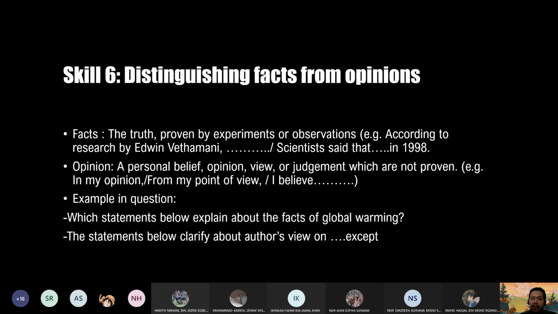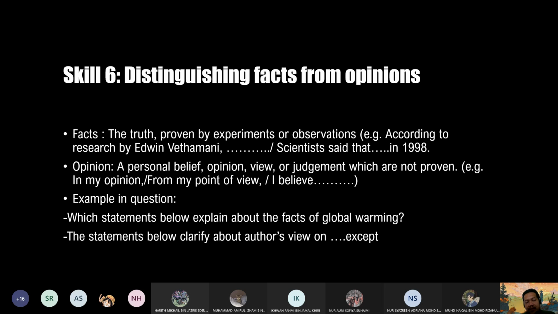But opinion is personal belief, point of view, or judgment, the perception that you make, and of course it cannot be proven. For example, in reading they use phrases like in my opinion, from my point of view, I believe, I feel, I think.